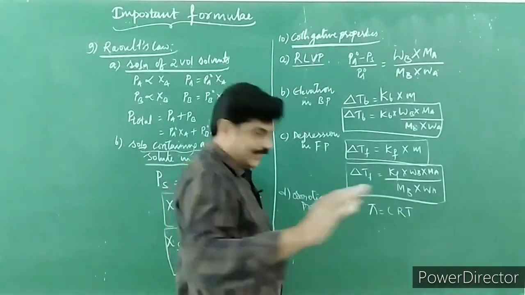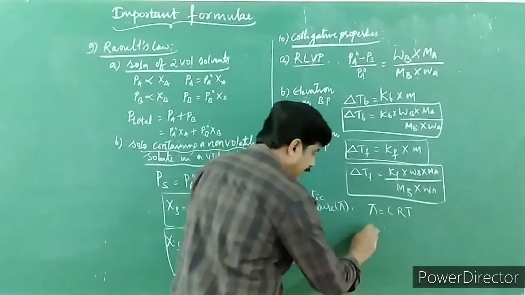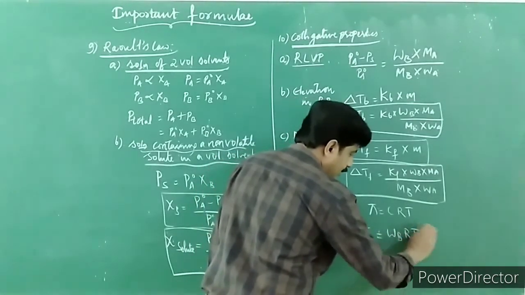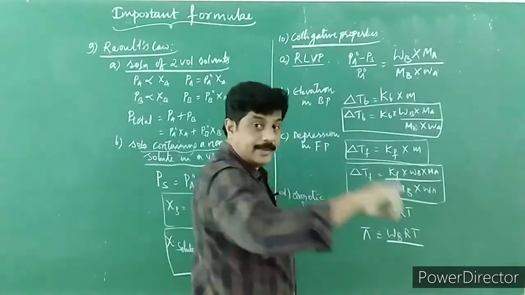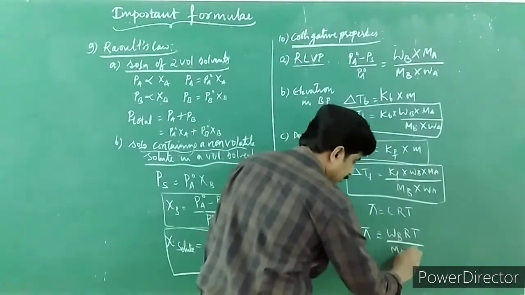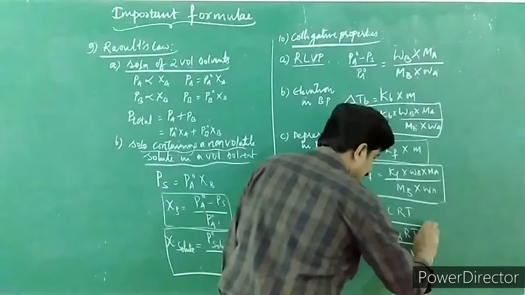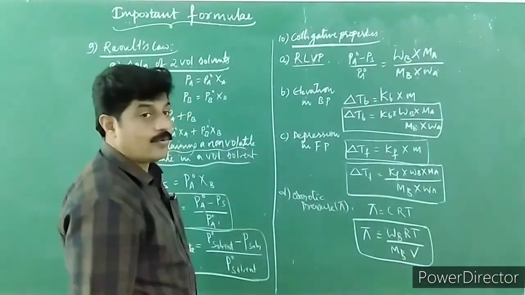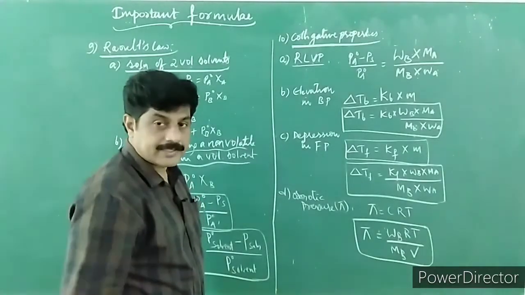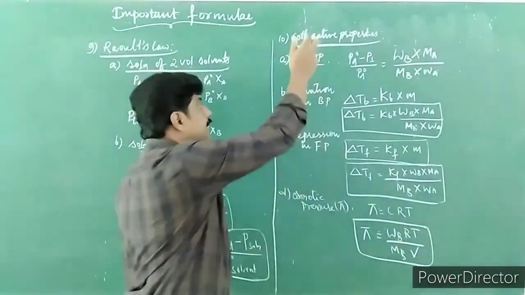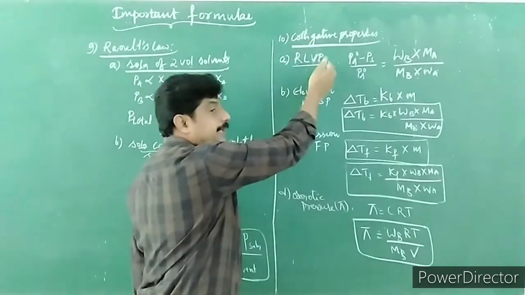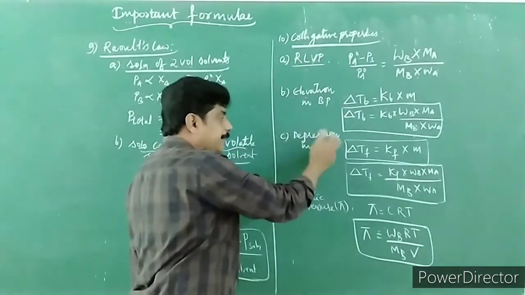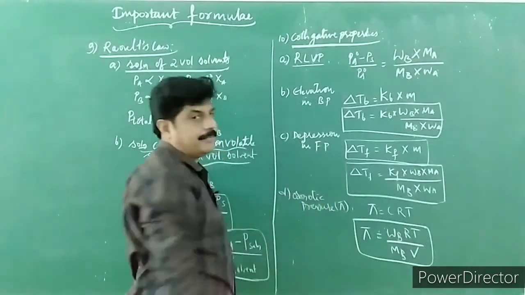This can also be written as pi is equal to WB into RT upon MB into V. So these are the 4 important colligative properties you learned: relative lowering of vapor pressure, elevation in boiling point, depression in freezing point, and osmotic pressure.